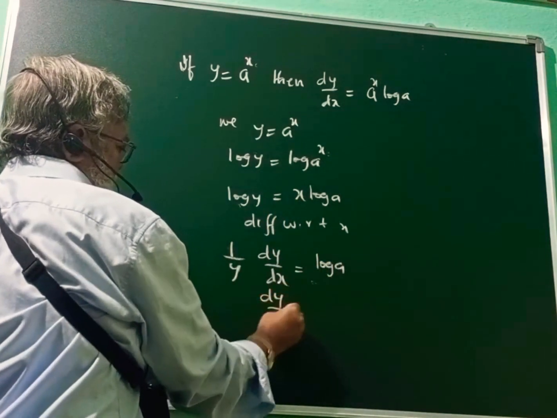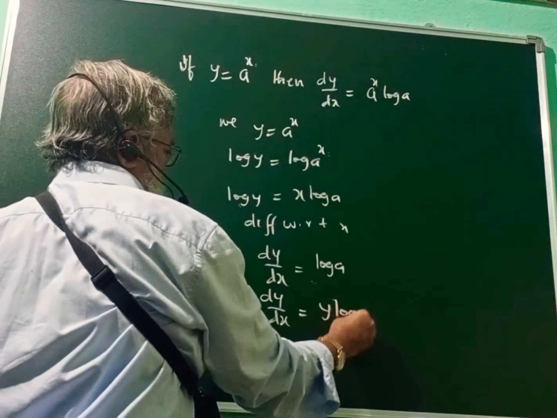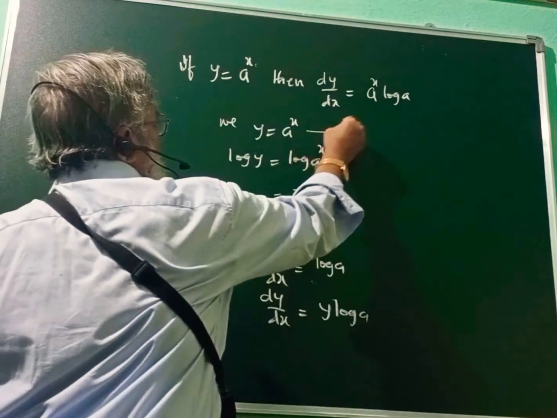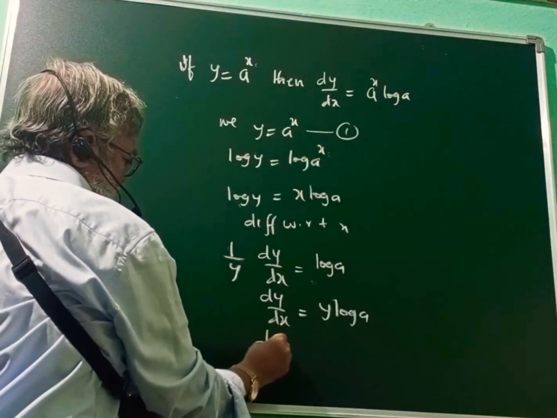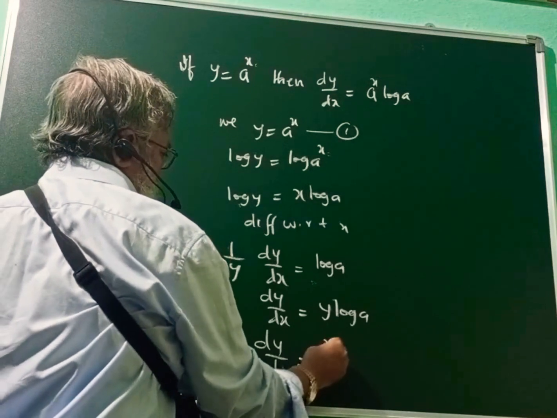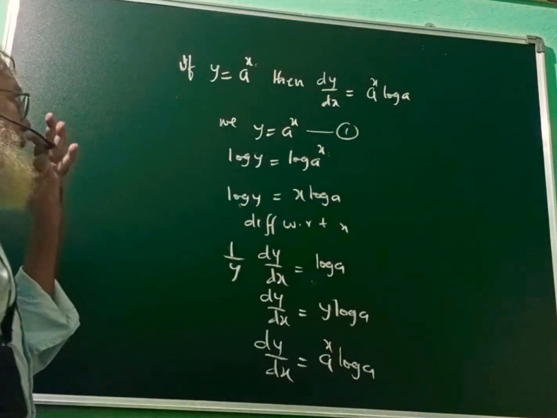So dy by dx is equal to y into log a. Now substituting the value of y from the given equation, a raised to x, we get the formula dy by dx is equal to a raised to x into log a. That is the proof of the formula.